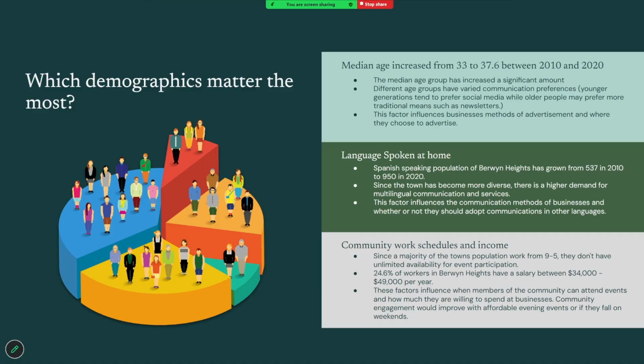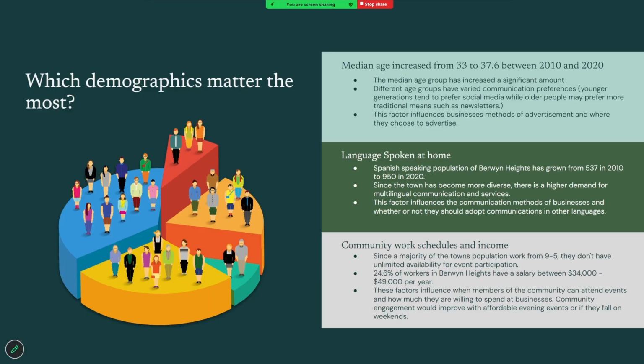Since the town has become more diverse, there's a higher demand for multilingual communication and services. This factor influences the communication methods of businesses and whether or not they should adopt communication in other languages.